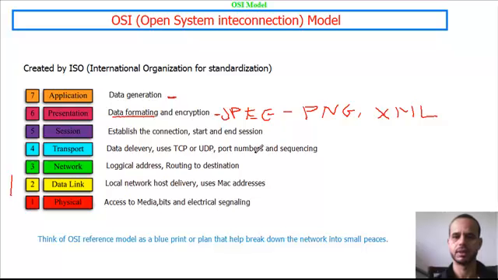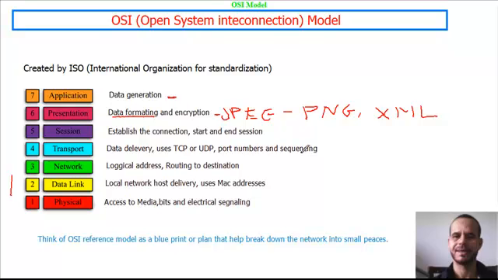It defines also port numbers. Port numbers allow the computers to distinguish between services. For instance, if we are using HTTP, we are going to use port 80, and that's how to distinguish between what kind of service we are using. Is it email, SMTP, HTTP, or HTTPS, and so on.